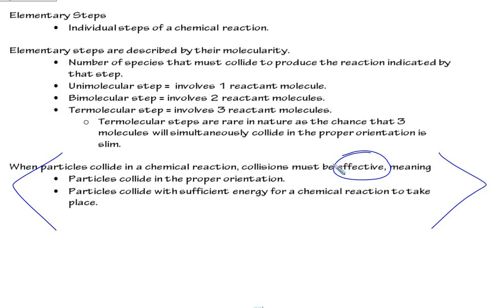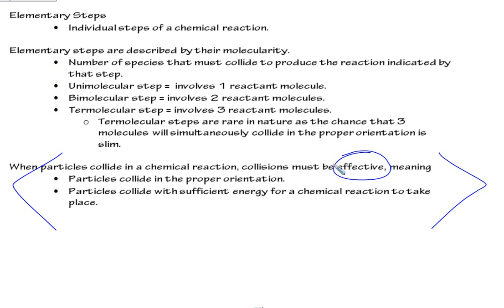They also need to collide with enough energy to make a reaction occur. I mean, they can't just putt-putt bang into each other and not really form a reaction because there was no energy. Now they really need to commit to this collision.